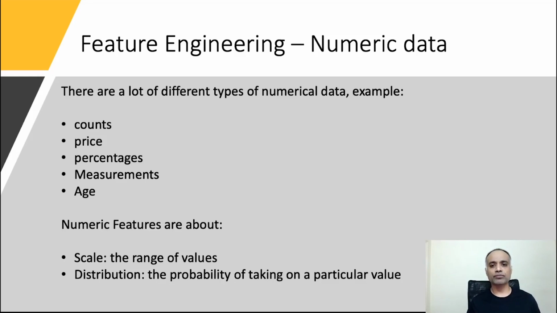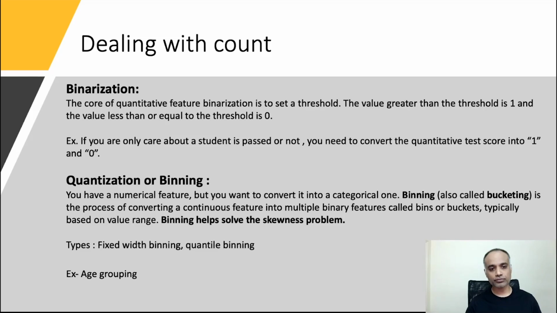And when the data is numeric, the most important thing on a feature is the scale. In which scale are these different features, and then you need to look at the distribution of these features. These things are important for numeric data.